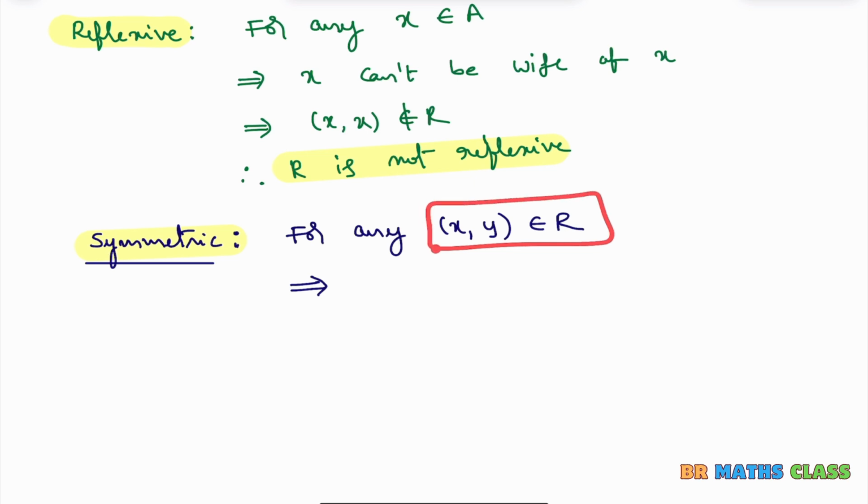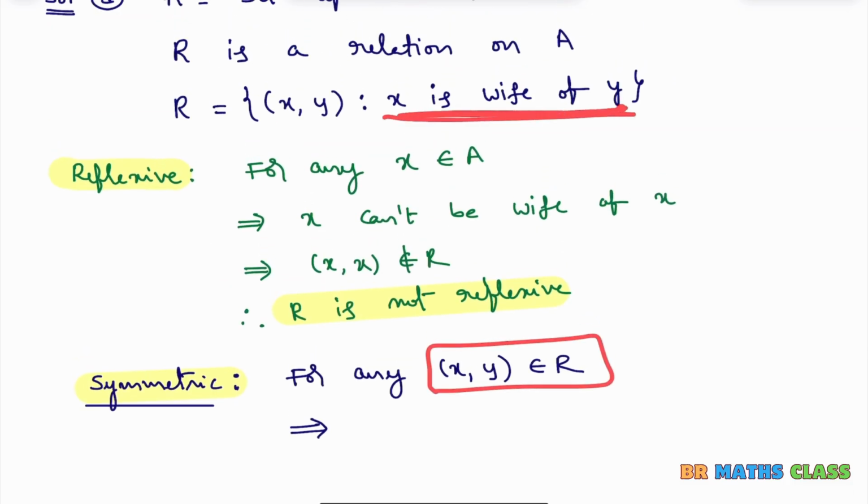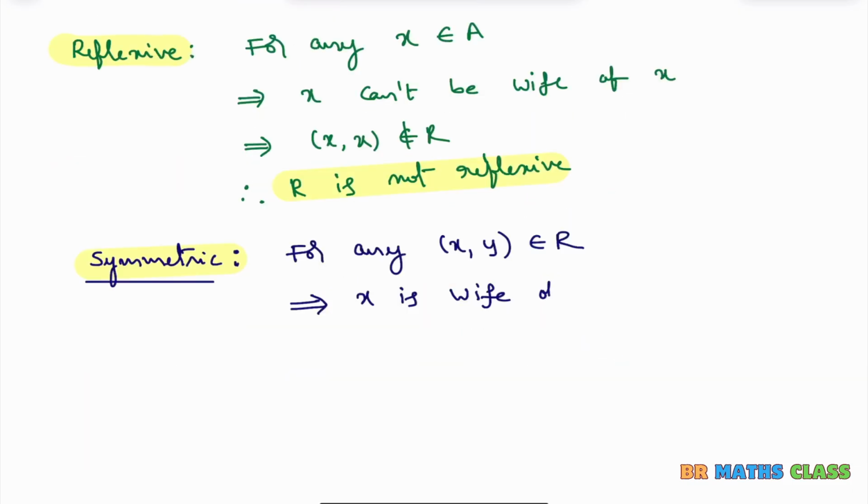When the order pair x comma y belongs to R, it indicates that x is a wife of y. If you observe the funny part here, x is wife of y means x is female in general, correct? X is female, y is male.